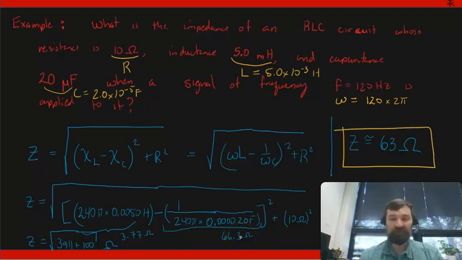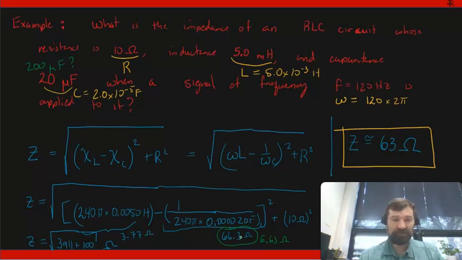A good follow-up question to this one might be, what if we had a capacitor whose capacitance was 5 times larger? In other words, what if instead of 20 microfarads we had 200 microfarads? Well, if that were the case, then this number changes from 66.3 ohms to about 6.63 ohms.